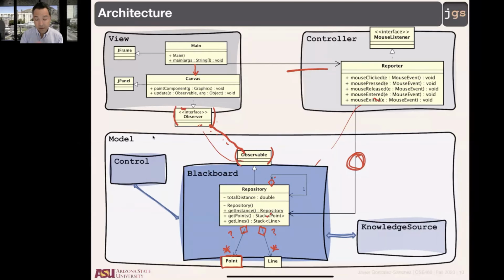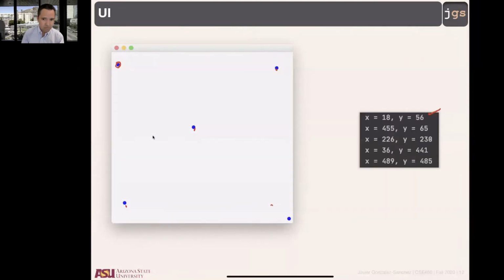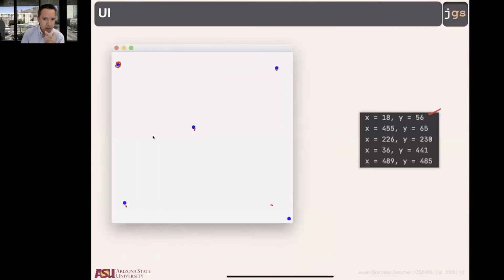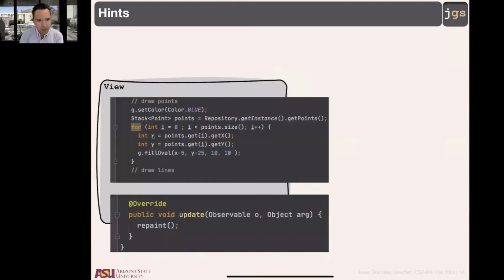Good. Now, more hints. What do you need to do in order to print the circles? As you remember, the important method is paintComponent. And as you remember, paintComponent is the one that paints the screen.